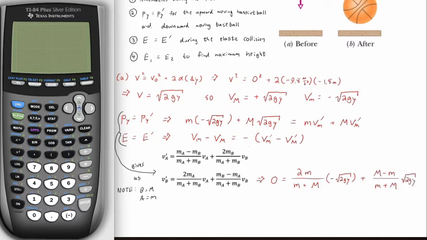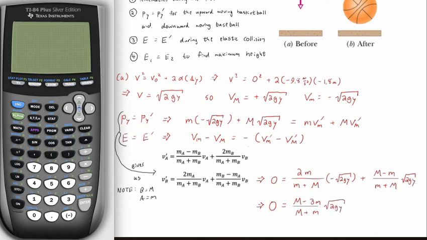Well, our two terms here on the right-hand side of the equation are like terms, so they simplify into 0 equals big M minus 3m, because we had negative 2m minus another m, for a total of negative 3m. And in our denominator, we're going to have the sum of the masses, big M plus little m, and then times 2gy.